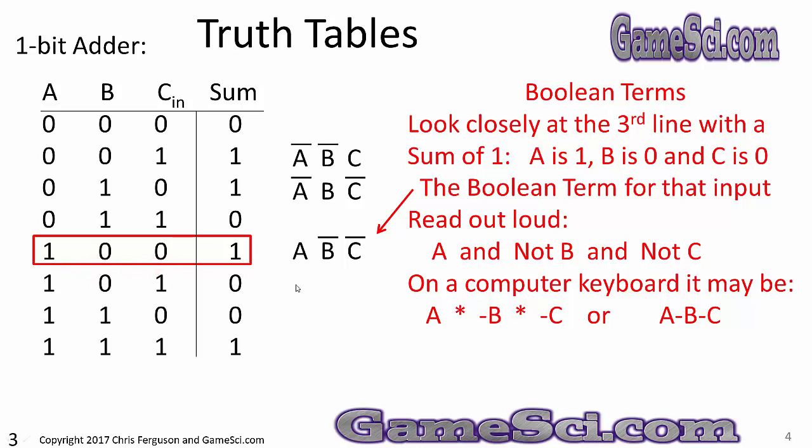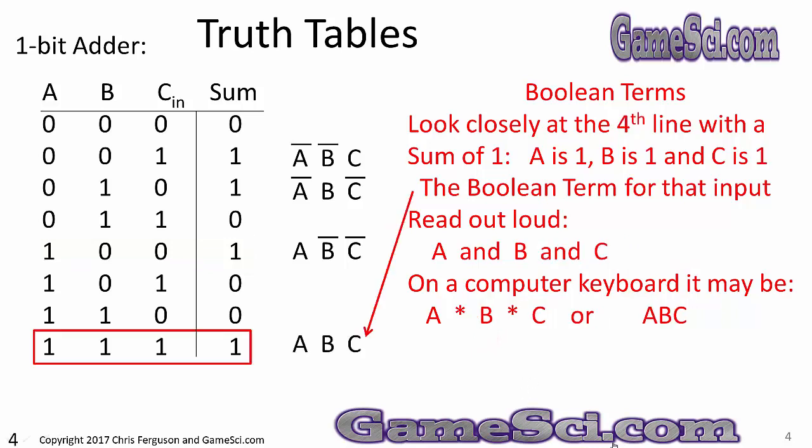The Boolean term for that input, read out loud, is A and not B and not C. Computer keyboards don't do these vertical bars very well. So on a keyboard, I usually use a minus sign in front of the term.